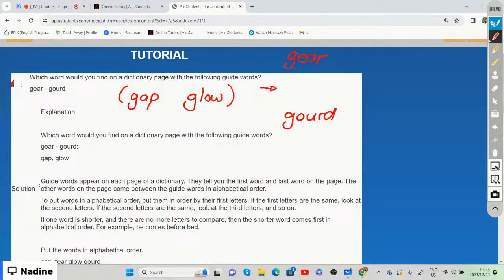So you're specifically going to look at the second letter. If you look up a specific word, will you find gap between these two words, or will you find glow between these two words? Gap being G-A-P and glow being G-L-O-W.